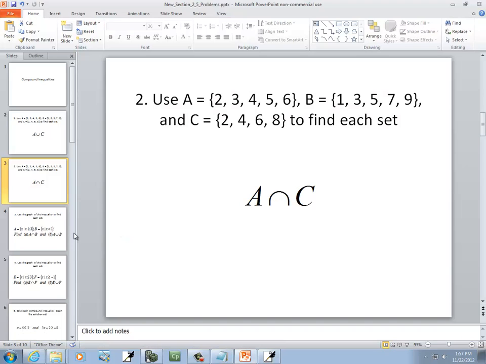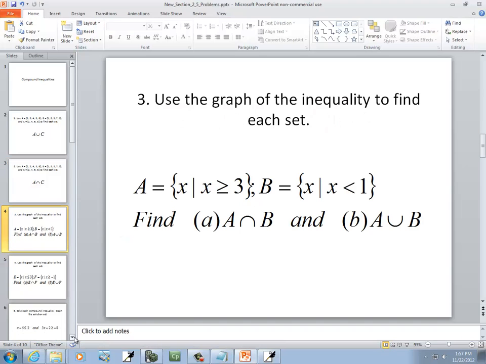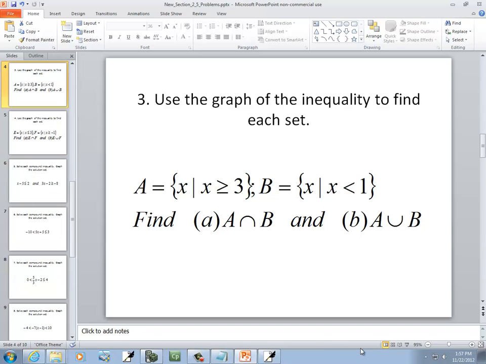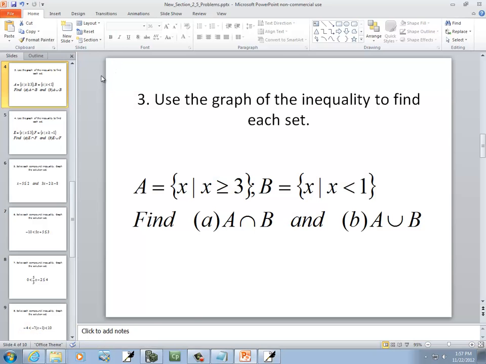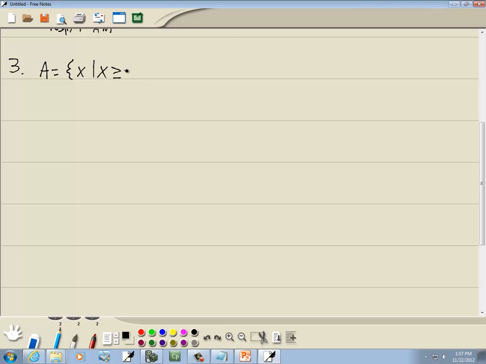Now it changes when we get to graphs. So let's take a look at that. We got A is equal to the set of all x values such that x is greater than or equal to 3.